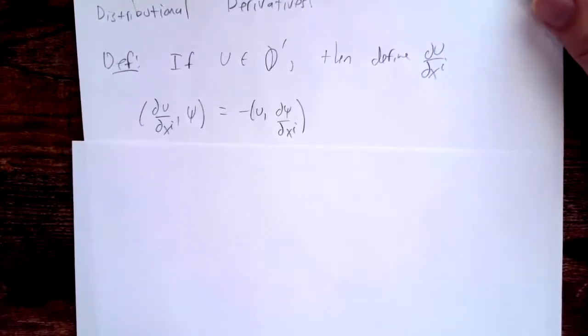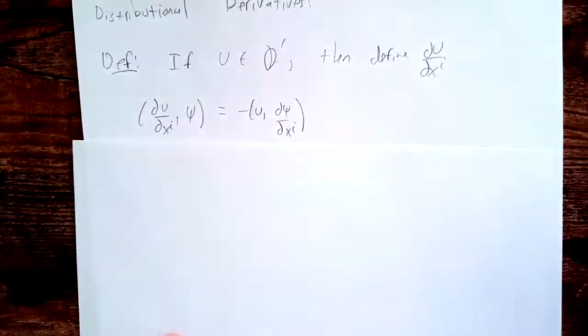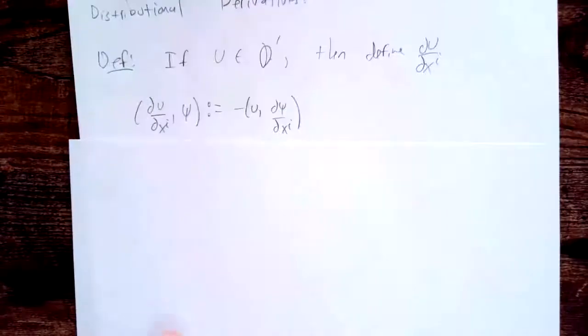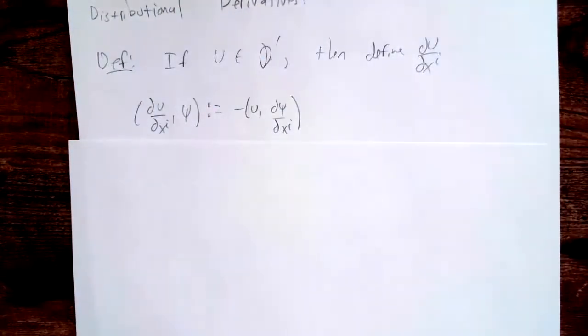Well, for weak derivatives, I would just say integrate by parts, but there are no integrals here. Like there might be an integral, there might not. What this pairing means is simply, well, this is a definition. So I'm defining the left-hand side in terms of the right-hand side.